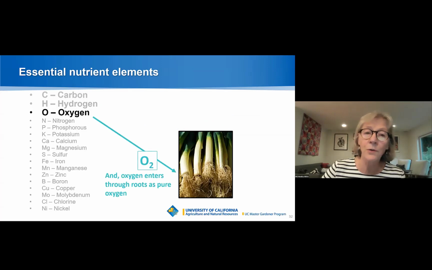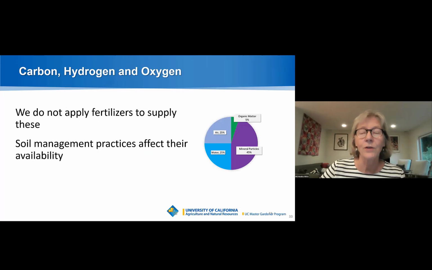And oxygen also enters through roots as pure oxygen. So we do not apply fertilizers to provide these three nutrients, but maintaining the pore space in our soil management practices, and making sure that we don't compact the soil will greatly affect their availability.